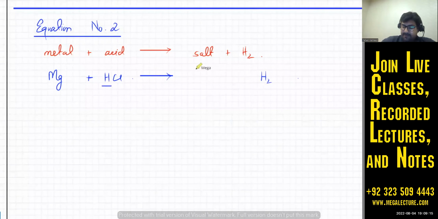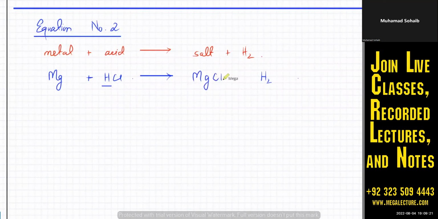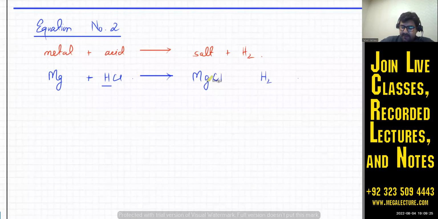Whatever is left is the salt. So what is left? Mg and Cl are left, right? Magnesium chloride. The H went and ended up forming the hydrogen gas. Mg is group 2, so that's +2. Cl is group 7, so that's -1. So the formula of this salt is going to be MgCl2. That's the reaction. So it's kind of a similar reaction.